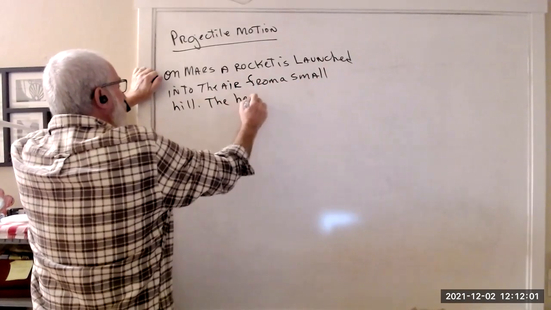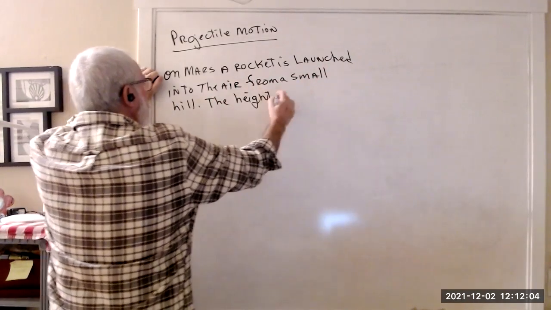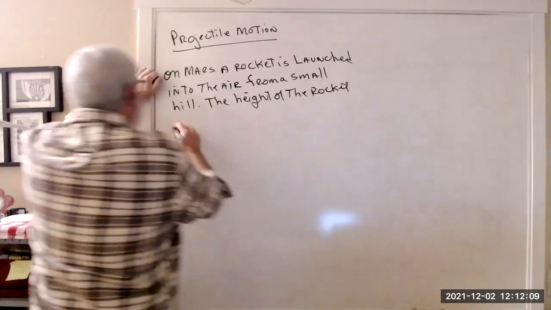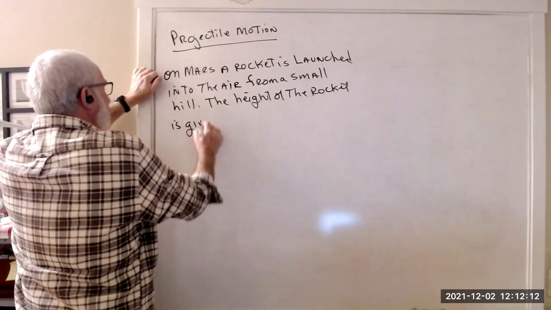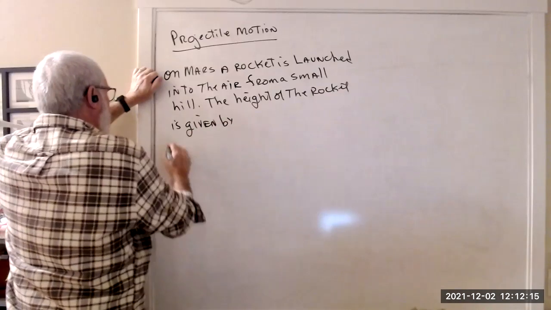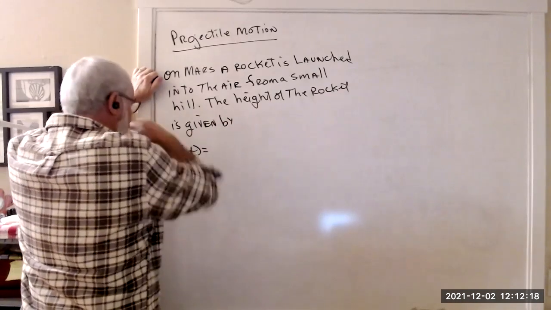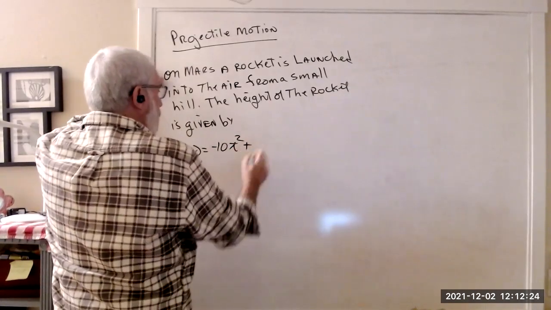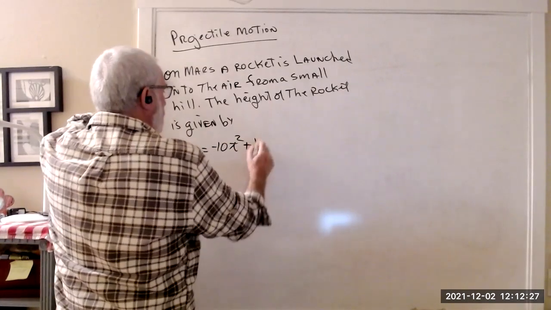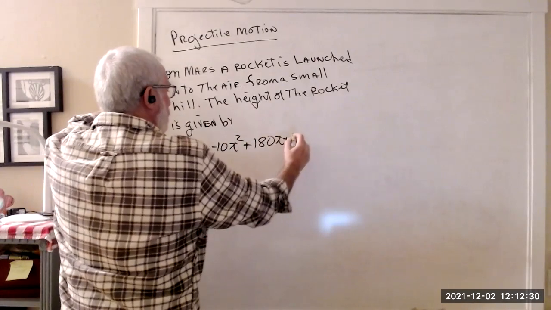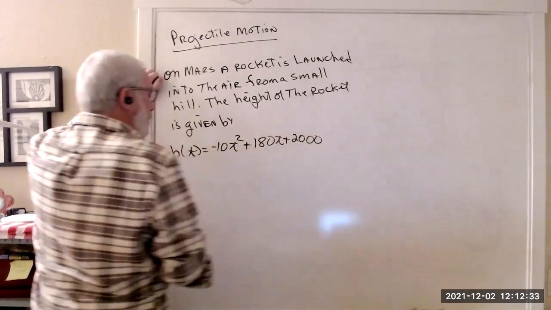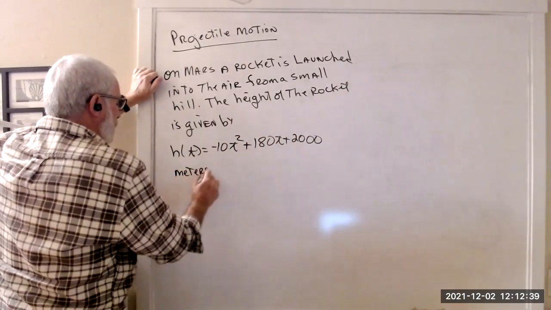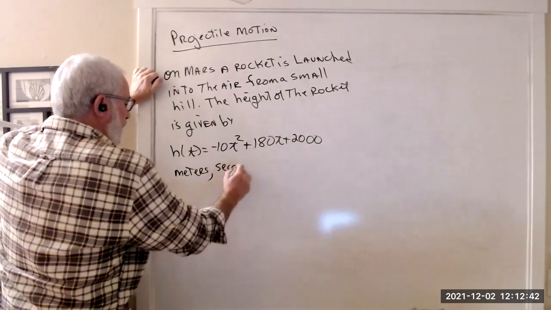The height of the rocket is given by h of t equals negative 10 t squared plus 180 t plus 2000. Let's assume meters for height and seconds for time.